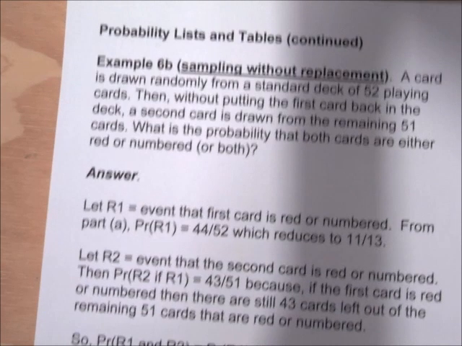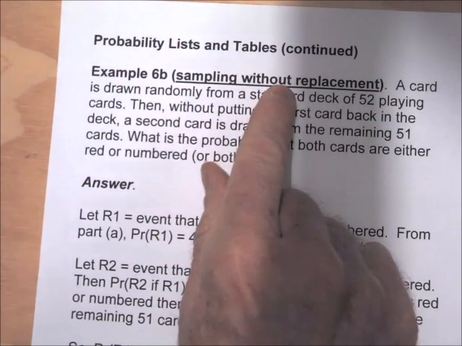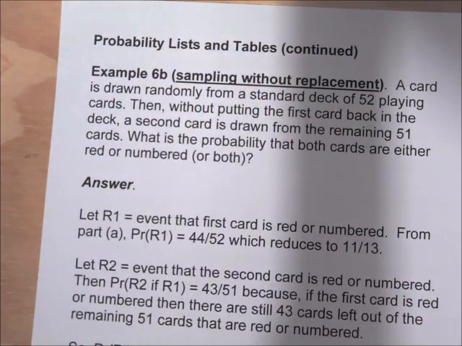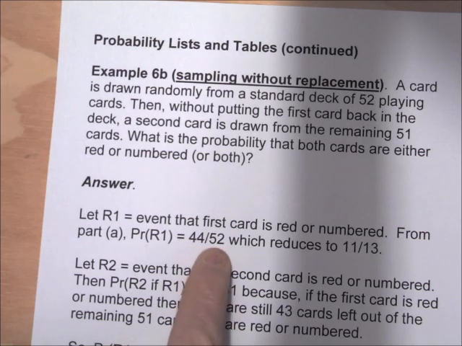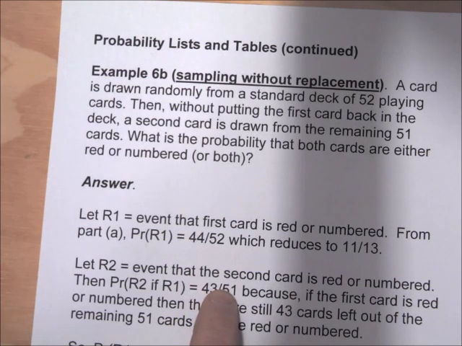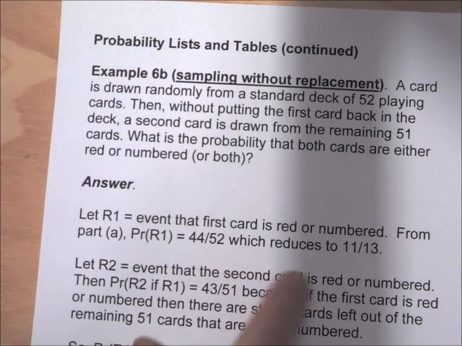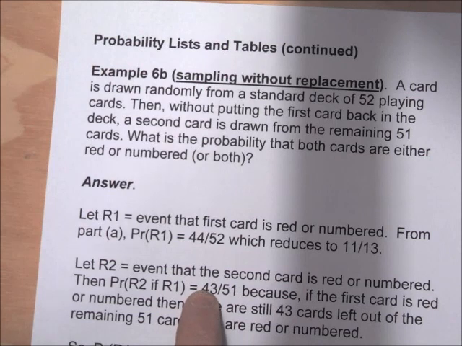Now, I'll initially do this sampling without replacement. That means that after the first card is chosen, there's only 51 cards left, originally 52. If the first card was red or numbered, then there's only going to be 43 remaining of the 51 that are red or numbered. So the probability changes a little bit.